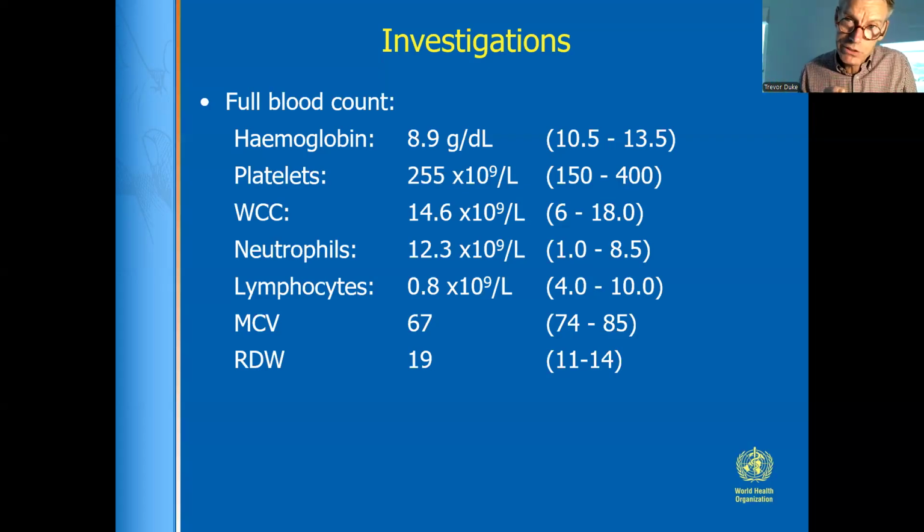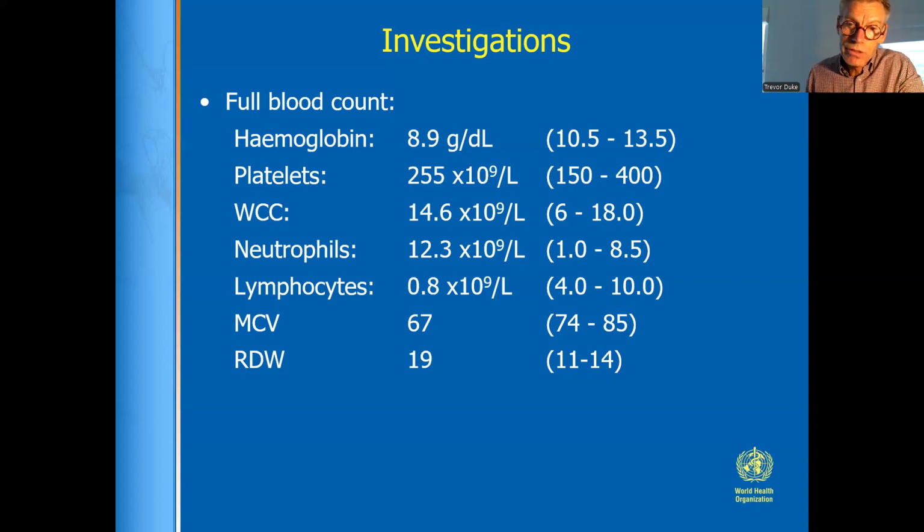But if you see a persistent lymphopenia in a child, then it's likely they have immune deficiency. So if you see it once, arrange to measure the full blood count and the lymphocyte count again at least a week later. And if they still have persistently low lymphocytes, then you should be concerned about an immune deficiency of some sort.